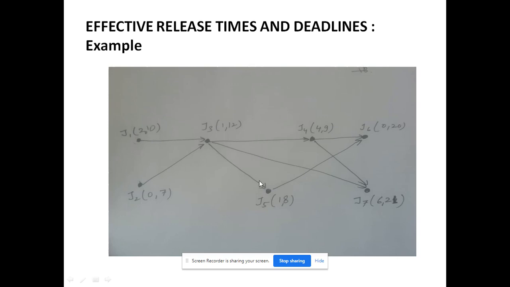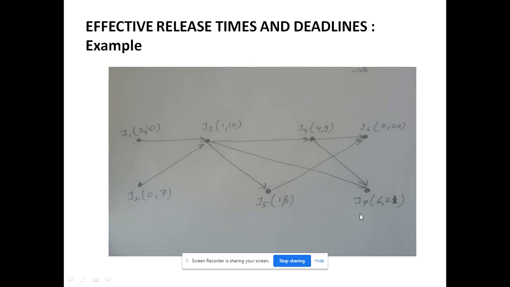Okay, J3. J3 has three successors. The given deadline of J3 is 12. The effective deadline of J5, already calculated, is 8.